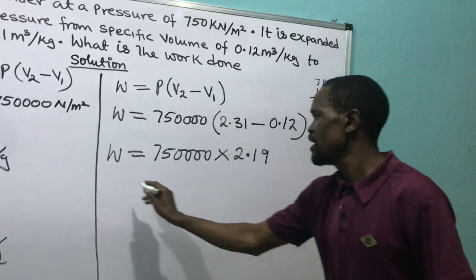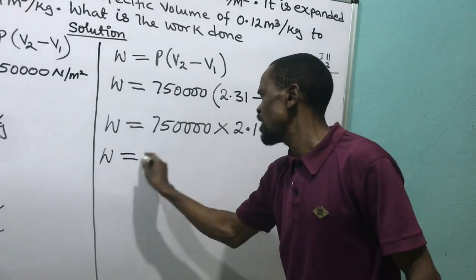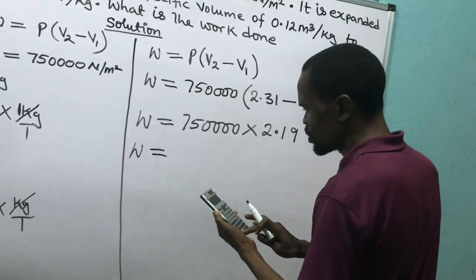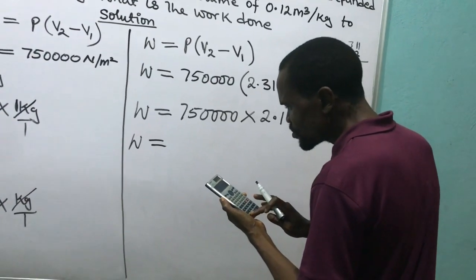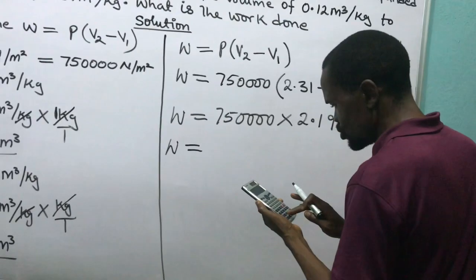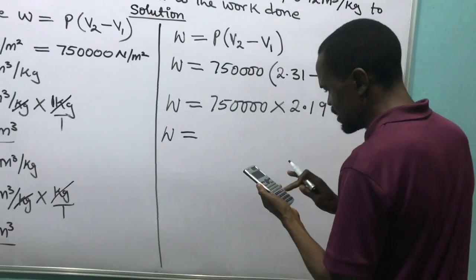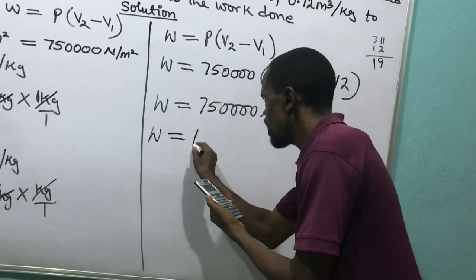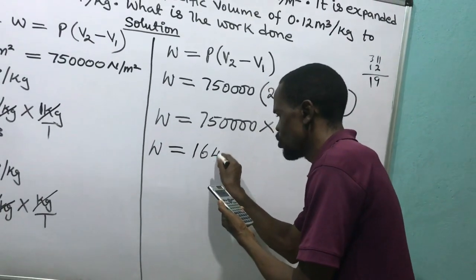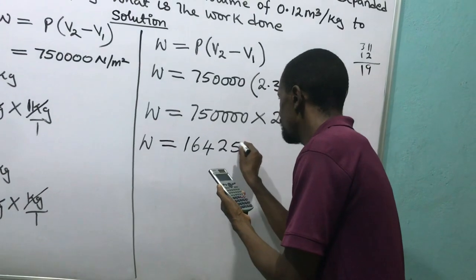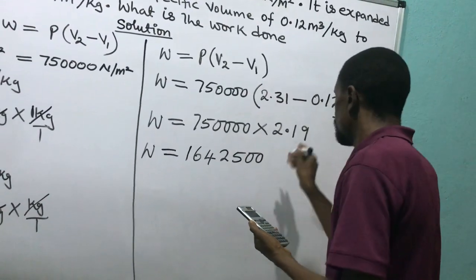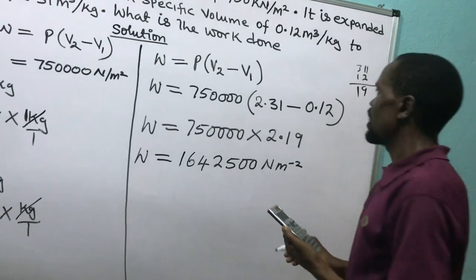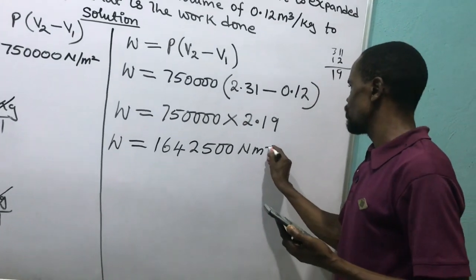Multiplying this with your calculator, 750,000 times 2.19 gives me 1,642,500 Newton per meter squared.